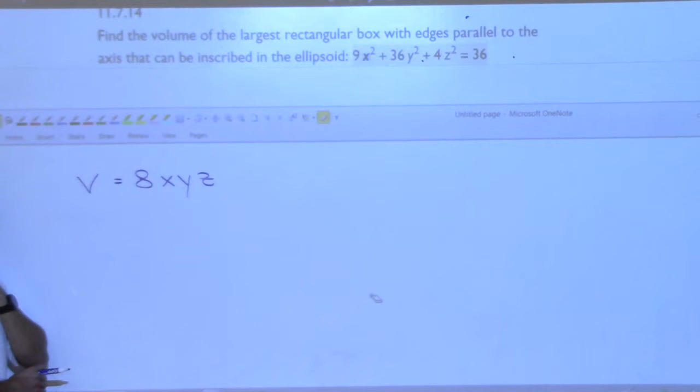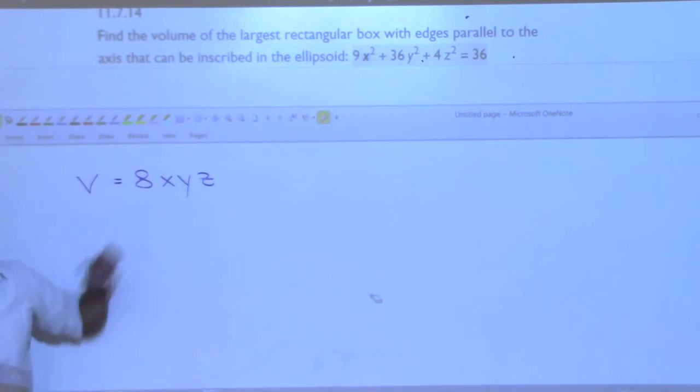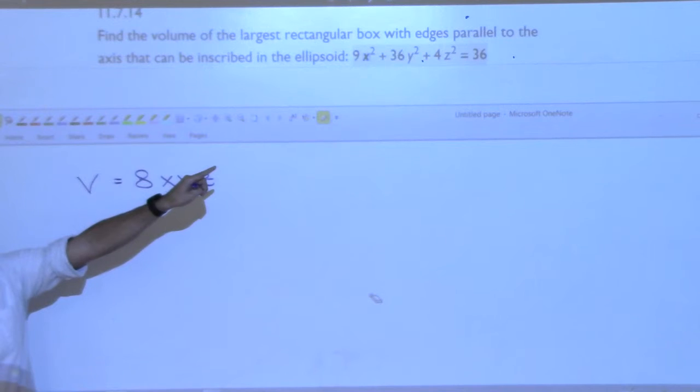Hold one constant? No, because that fixes our box. It doesn't let our box adjust in all directions. Right now, this is just x, y, z. This could be anywhere. But you have to be touching the ellipsoid, don't you?